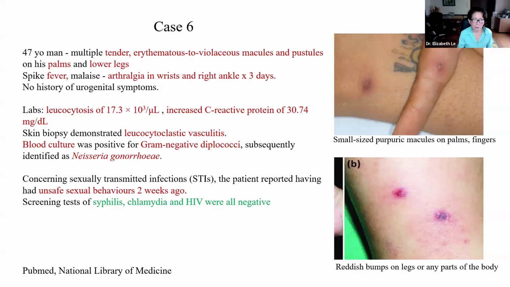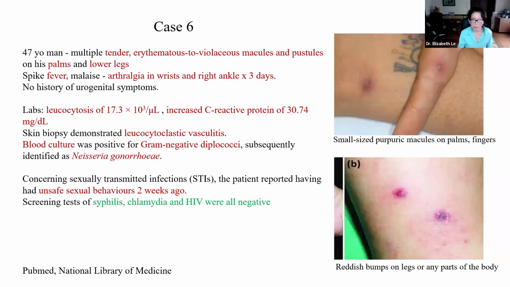His lab showed he had leukocytosis of 17.3. Definitely you think this is infection. Increased CRP of 30.74 and acute inflammation. Skin biopsy showed he had leukocytoclastic vasculitis.